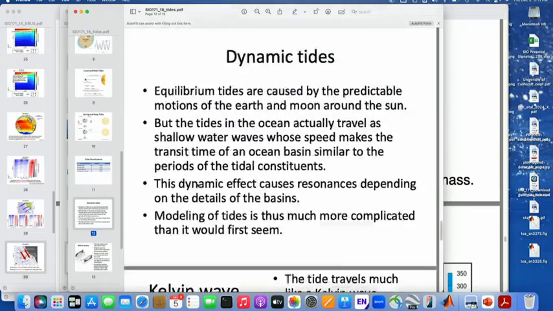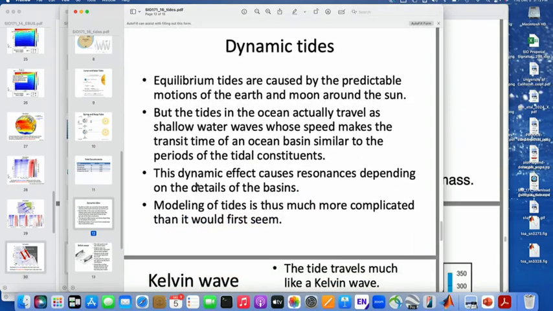We talked about the dynamic tides, and the dynamic tides are basically due to the fact that the tide moves as a shallow water wave, and we did this calculation in class. Do you remember? Whoever was in class that day? We said, okay, it's a shallow water wave in the ocean, the ocean's 4,000 meters deep, therefore I know how fast it is.